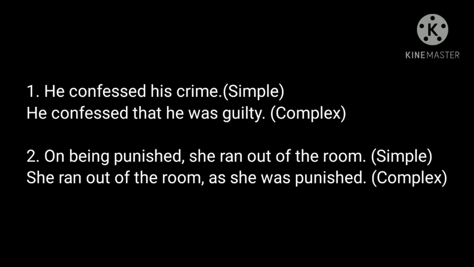So, we can write this sentence as, "She ran out of the room as she was punished." So, you can see here, "she ran out of the room" is already an independent clause, and the phrase "on being punished" is expanded into a dependent clause, "as she was punished," having a subordinating conjunction "as."